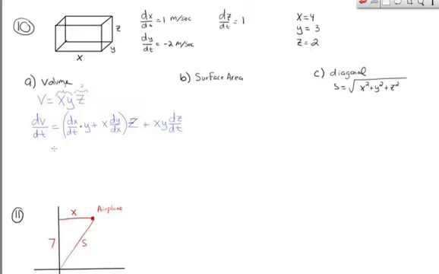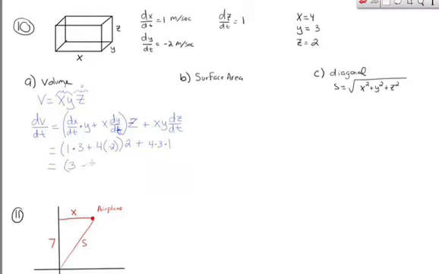So now I'm just going to plug in what I know. dx/dt is 1 times y, which is 3, plus x, which is 4, dy/dt, oh I wrote an x, that's supposed to be a t, sorry about that. So that's dy/dt, which is -2, times z, which is 2, plus x, 4, times y, 3, times dz/dt, which is 1.